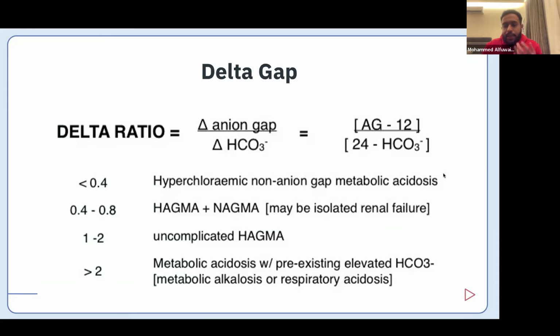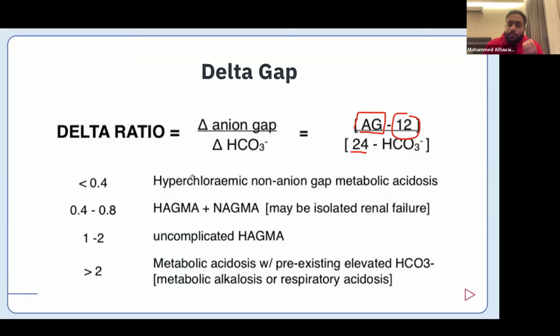Now, how do you calculate it? You take the patient's anion gap, minus the normal, let's take 12 as the normal, over 24, which is the normal bicarb, minus the patient's bicarb.